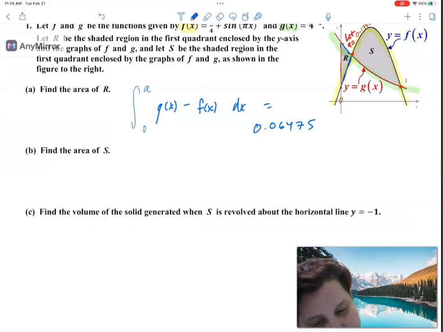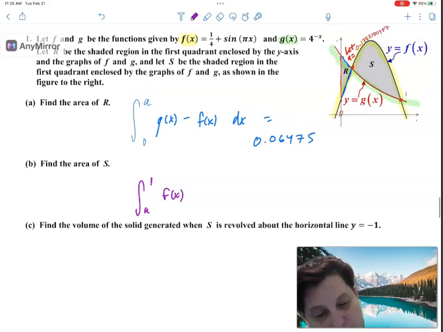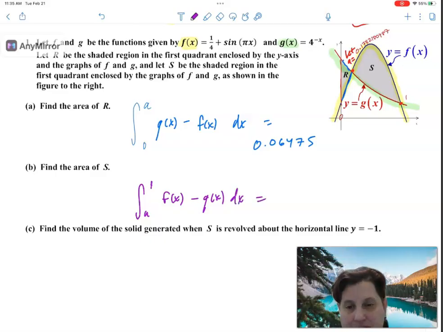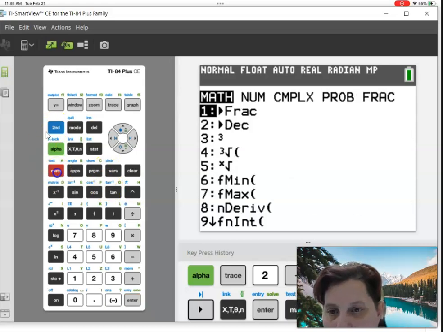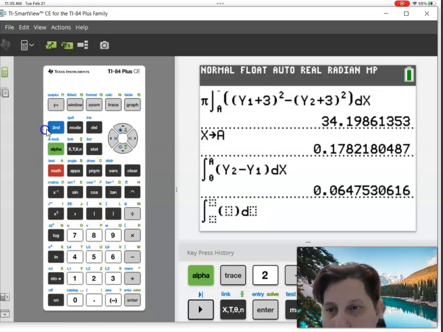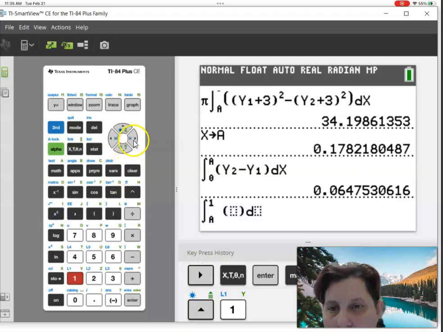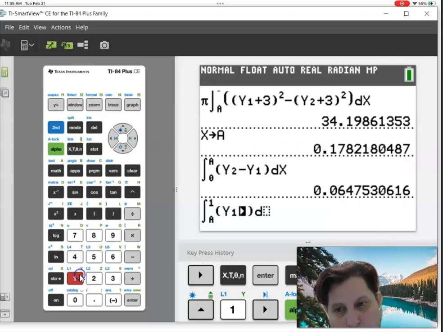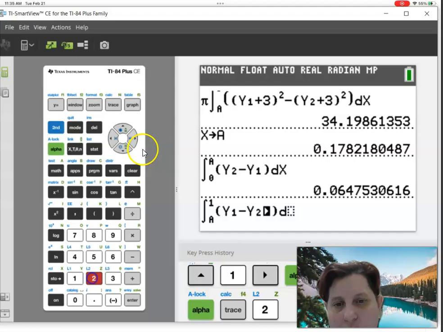All right, now for this next one, to find the area of S, now it's going to be from A to 1, and this time f of x was on the top, and g of x was on the bottom. And then that's all I have to write for that, because then I can just go over to my calculator, and I can go math 9, and then a up to 1, and then this time I go alpha trace, I go y1, because I want to do my f of x minus alpha trace y2 dx.